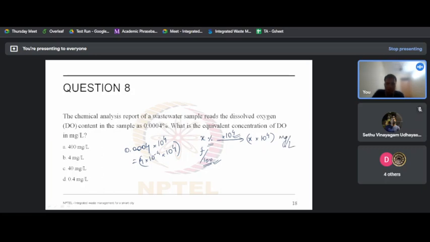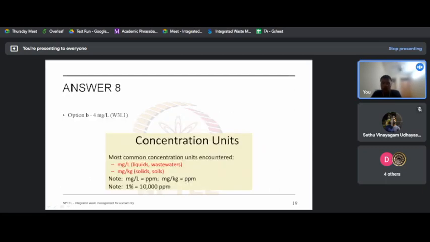This is the same as ppm, let's change it for the sake of accuracy. So this should become 4 mg per liter. So it is like grams in 10 to the power 6 units of the solvent. Answer is option B. Students can refer to the first lecture of this week. Answer will be option B, 4 mg per liter.